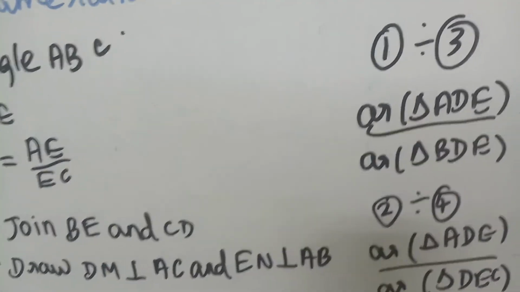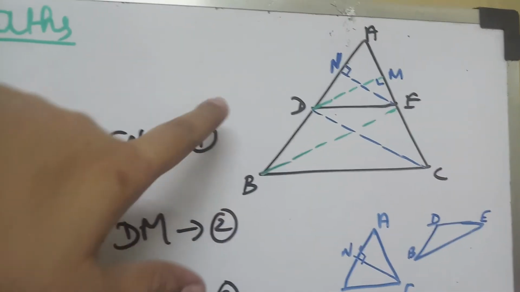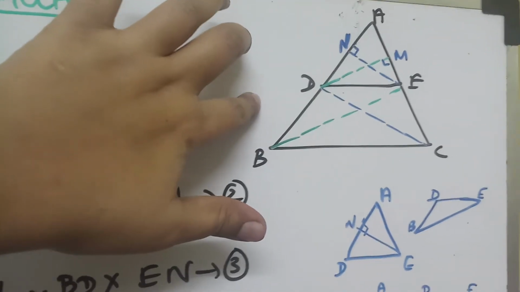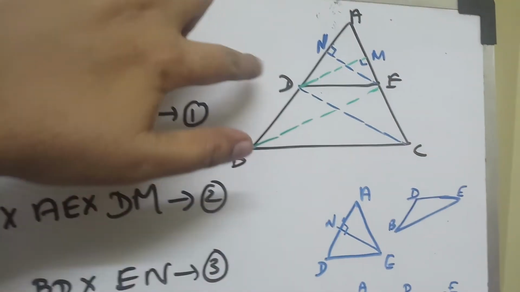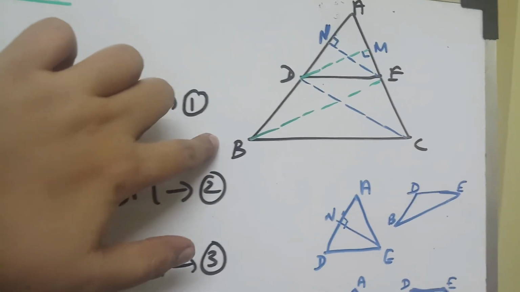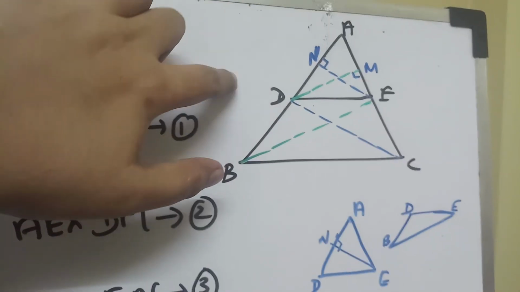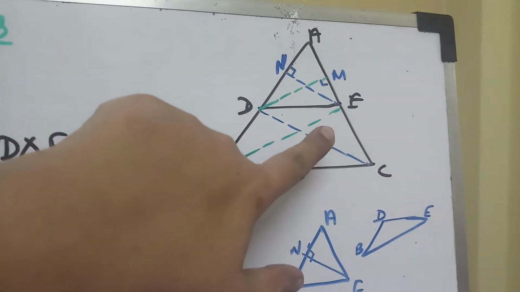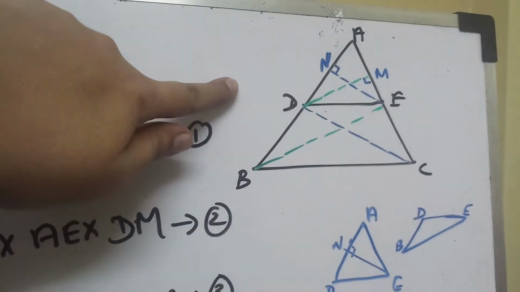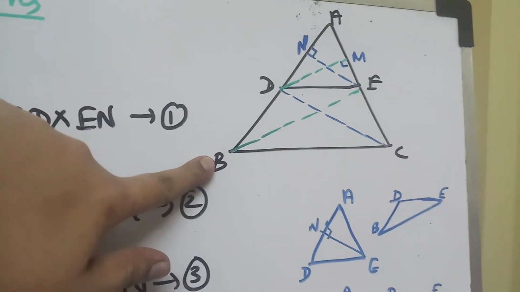That's it. So what we did, we took a triangle ABC and we had this DE parallel to BC, and we constructed DM perpendicular to AE and EN perpendicular to AD, and we have joined BE and DC.